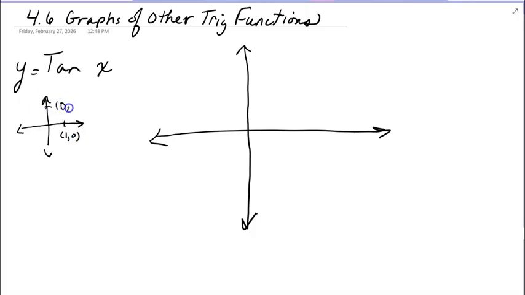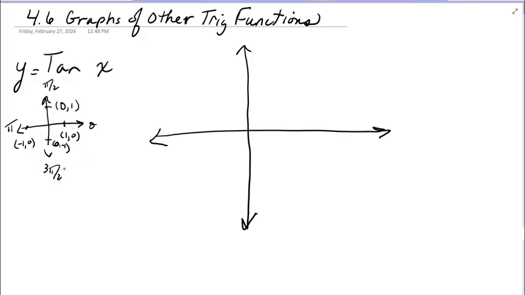And kind of like we did before, 0, -1, 0, 1. And there's our theta. So we have pi over 2, pi, and 3 pi over 2.